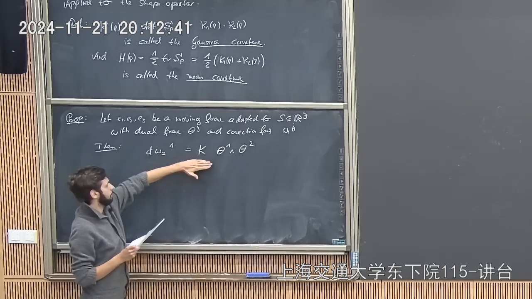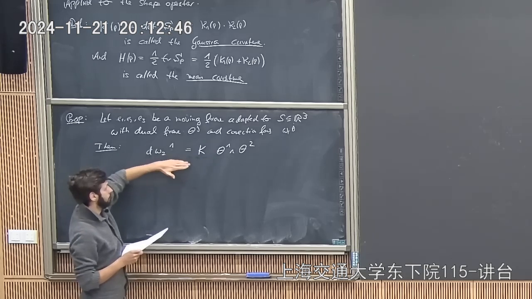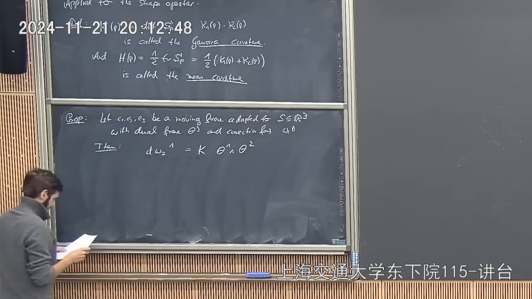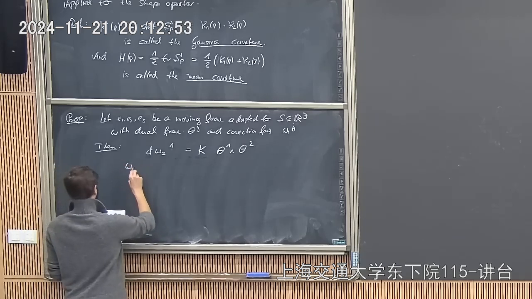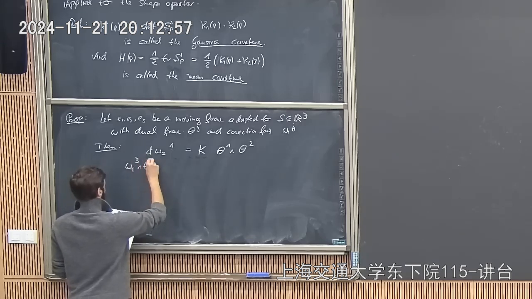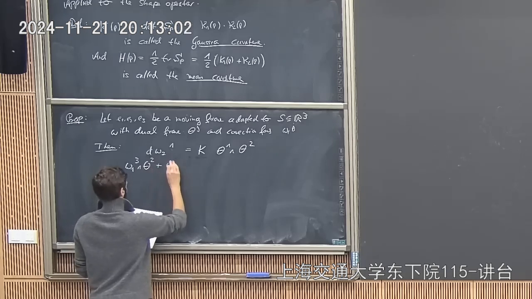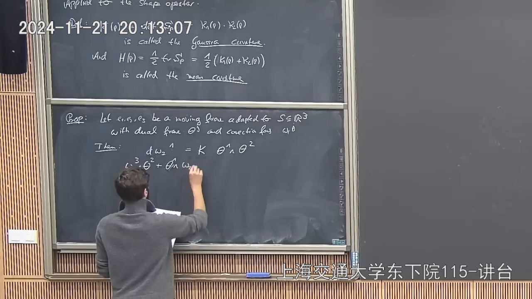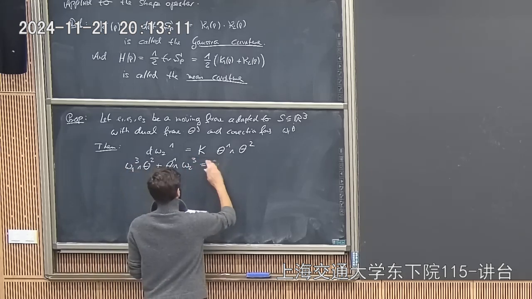And the nice part about the Gaussian curvature is that it's related to the connection form by this formula. And we get a different formula which allows us to calculate h in terms of the connection forms, which is given as 2h.